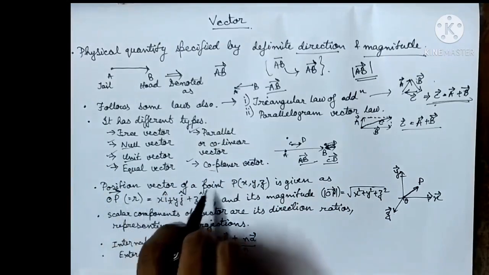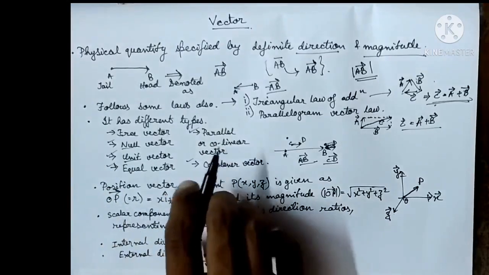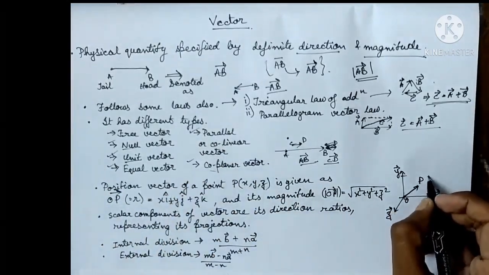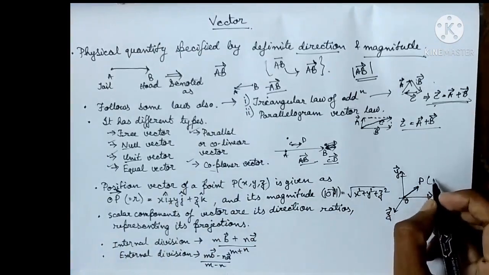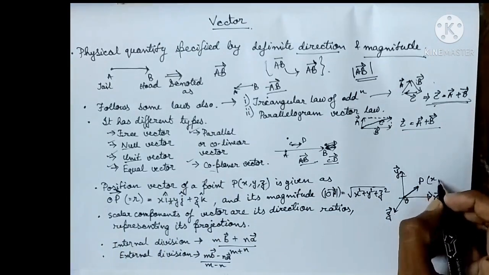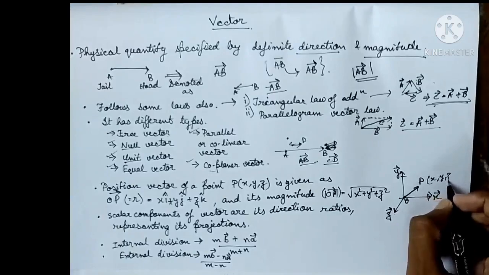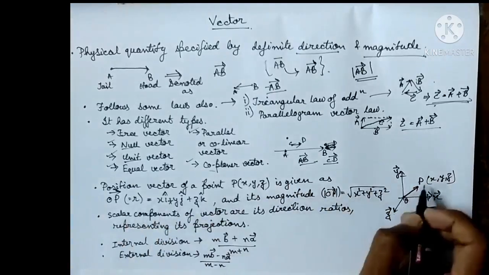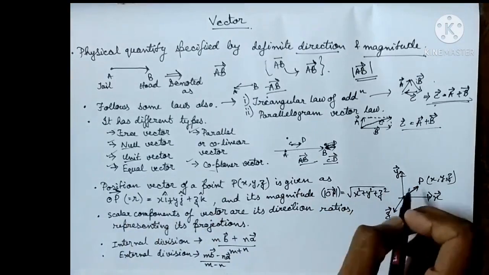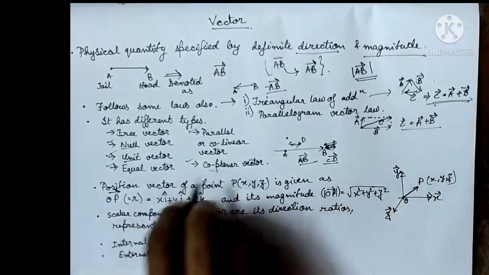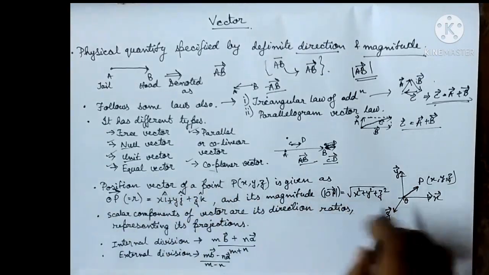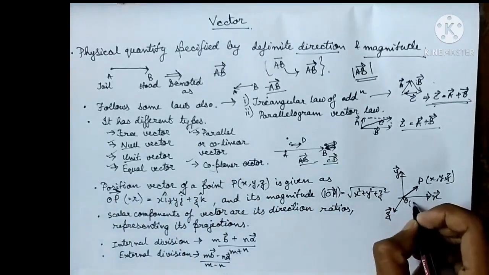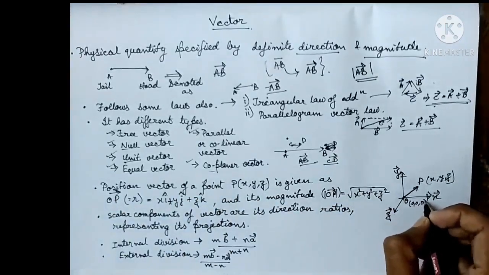Now we are coming to the position vector of a point P. For any point P, let it be x comma y comma z. Now this is point O, the origin, that is 0 comma 0 comma 0.